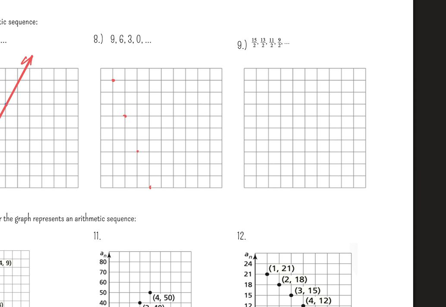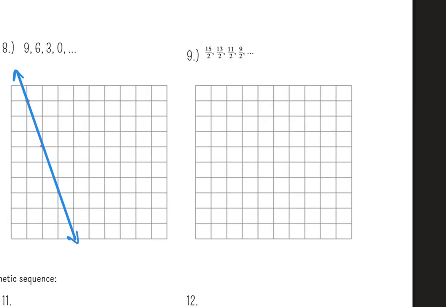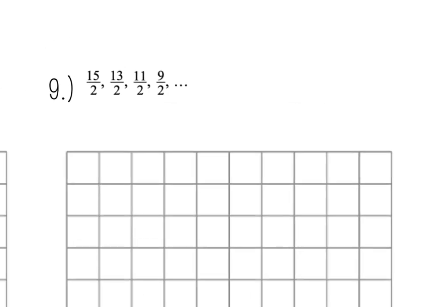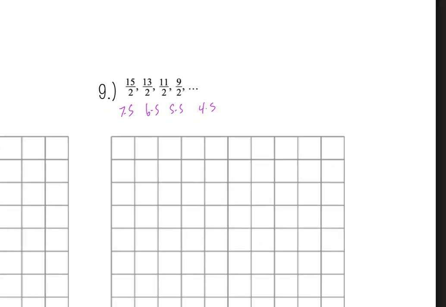And now let's get our graph on like that. Okay, we got a little bit of fraction action here. And if you're like, I'm not really good at fractions, well, yeah, you could do this. Just, if you need to, grab a calculator. This is 7.5. This is, let's see, 6.5, 5.5, 4.5, right?